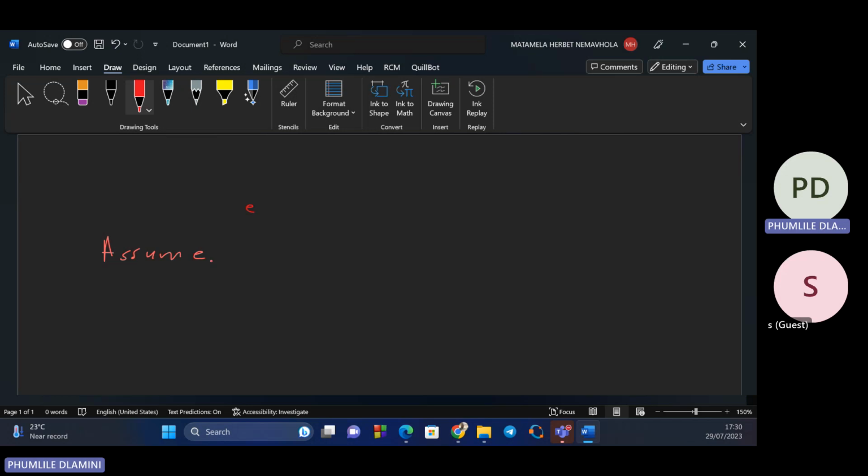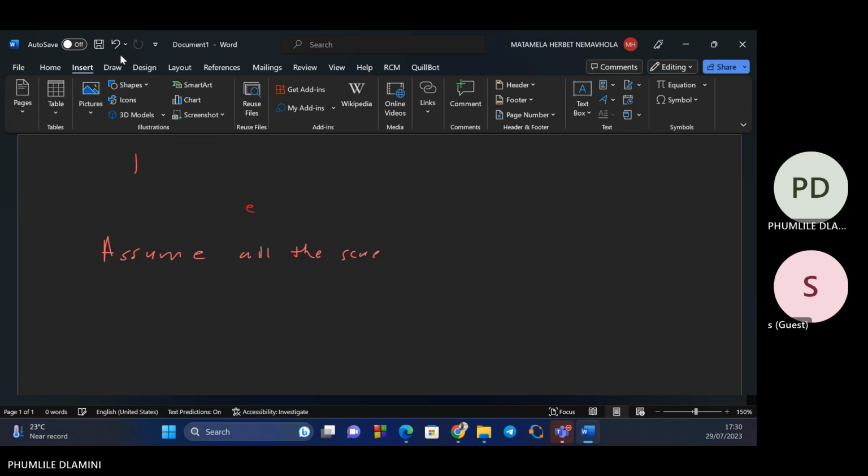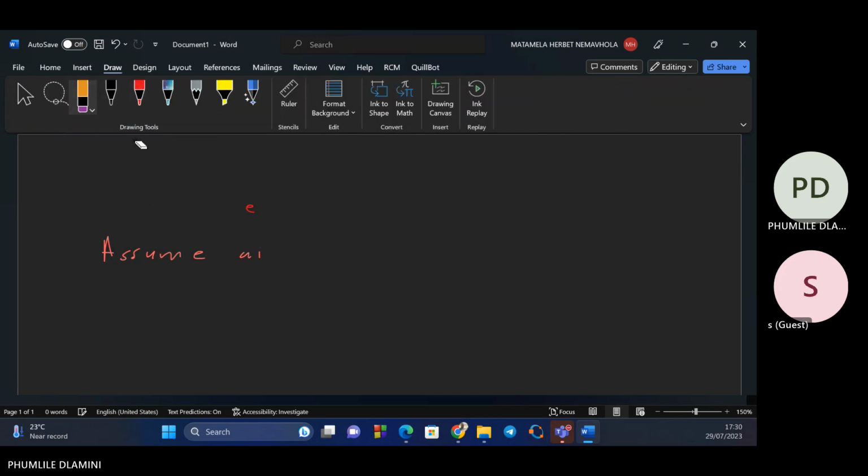So in our assumption, we're going to assume that all the scores in the set S are greater than or equal to 75.